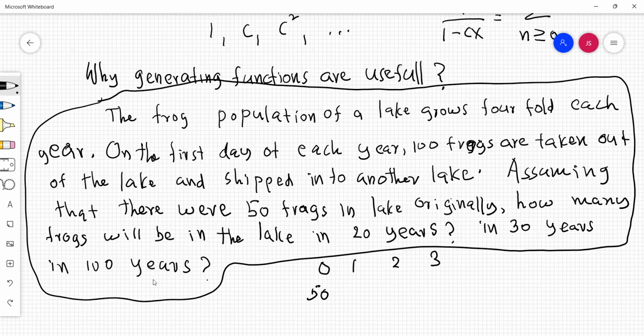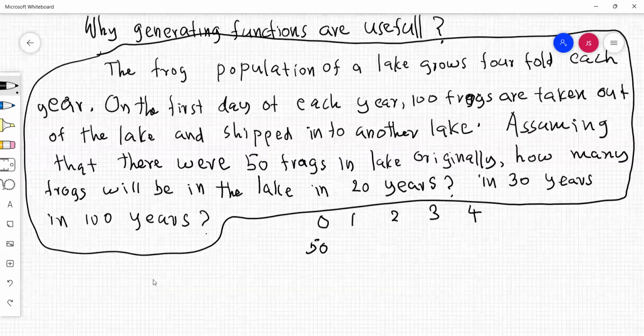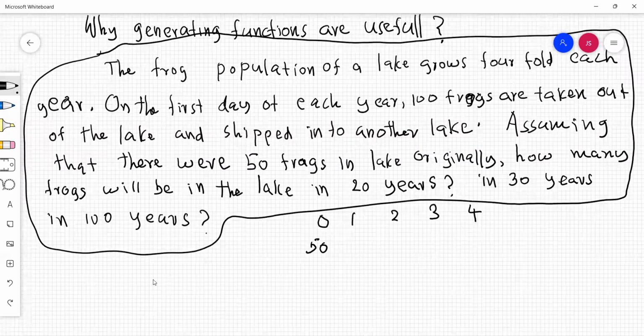Now calculate the frog population after 1, 2, 3, 4 years. Initially start with 50. At the end of the first year, how many frogs?